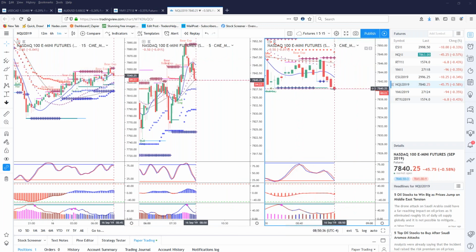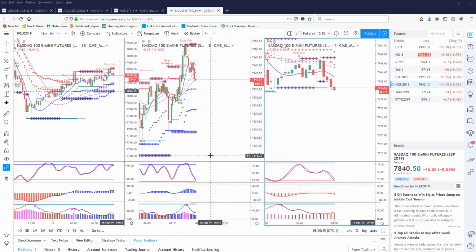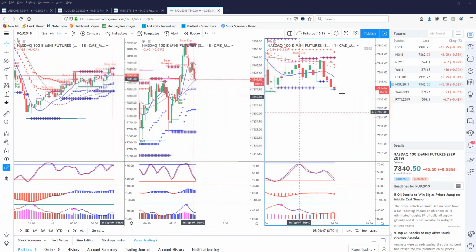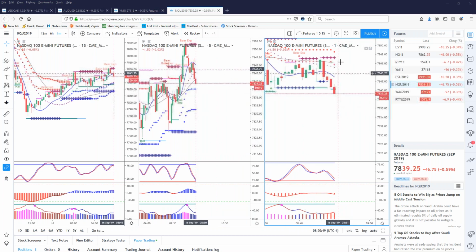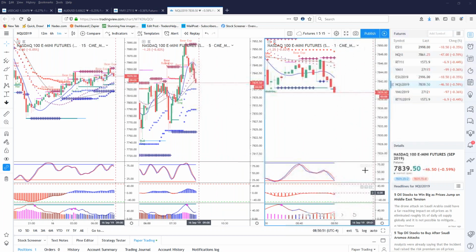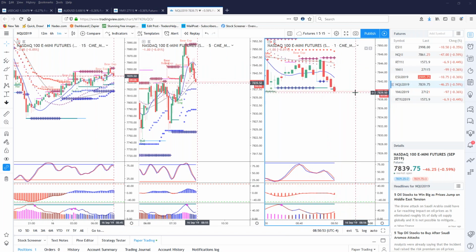Typically it's going to plot just as the bar opens. Either you'll get a bullish harami or something else. I've seen all kinds of things, but that's because I do have it to update intrabar, because I'm watching as the bar is developing.